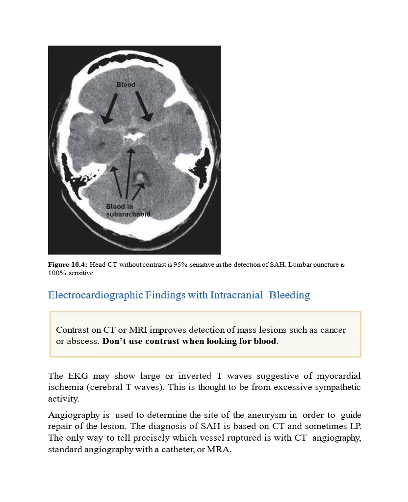Also, what about the electrocardiographic finding in the intracranial bleed? There is a clinical tip that contrast CT or MRI improves detection of mass lesions such as cancer or abscess.